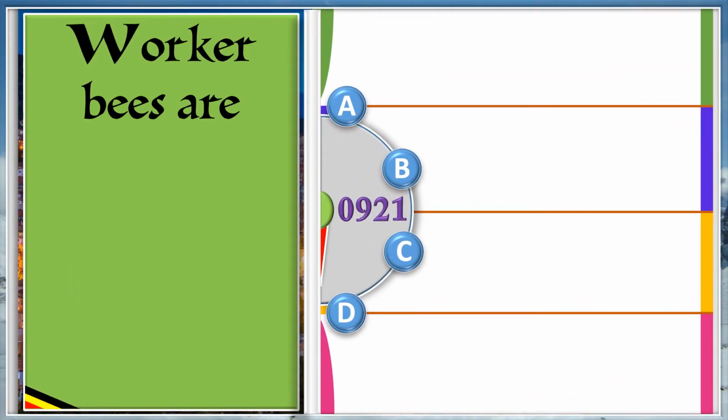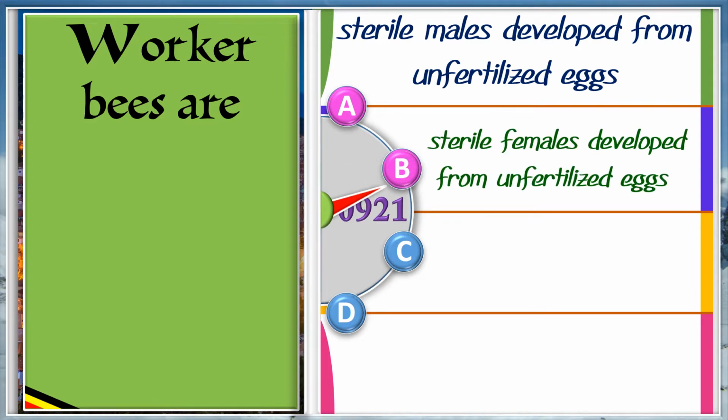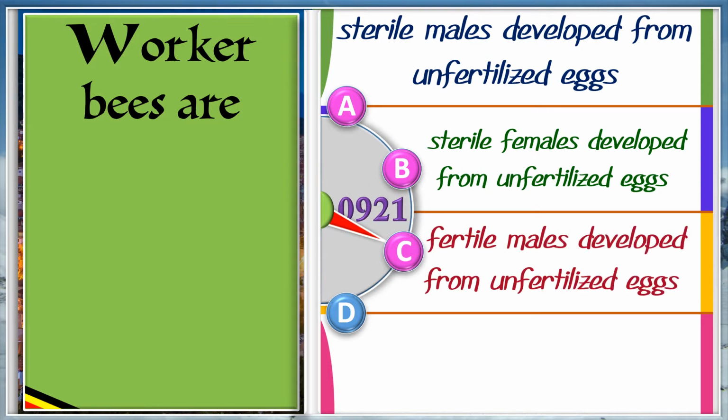Worker bees are: A. Sterile males developed from unfertilized eggs. B. Sterile females developed from unfertilized eggs. C. Fertile males developed from unfertilized eggs.